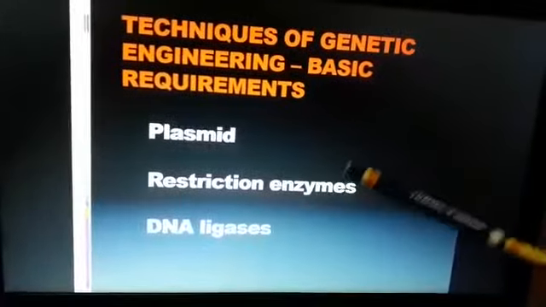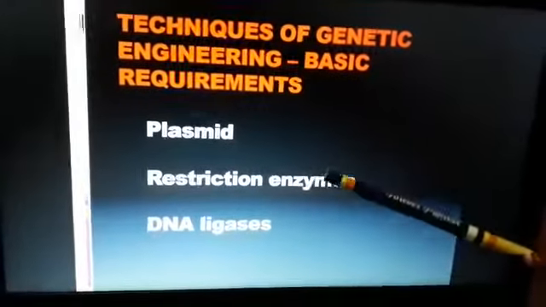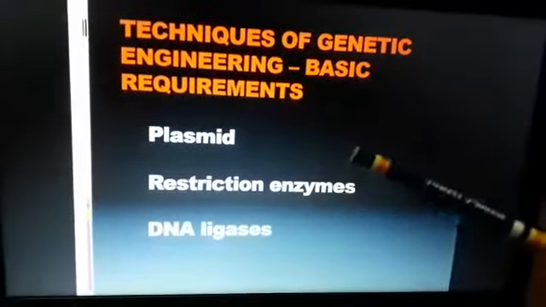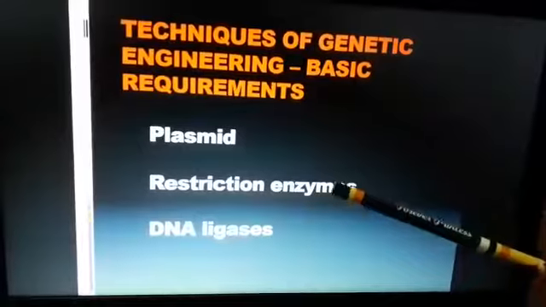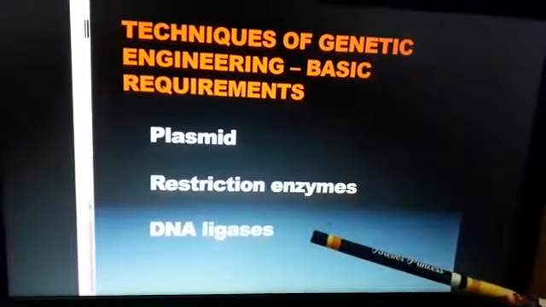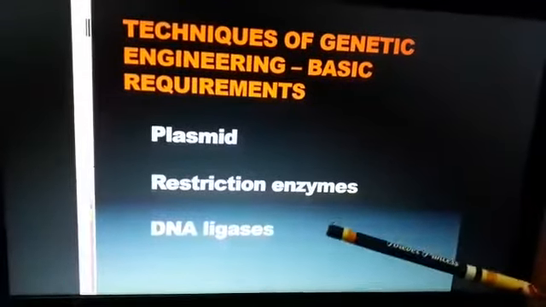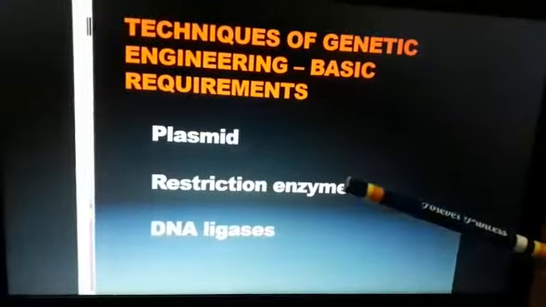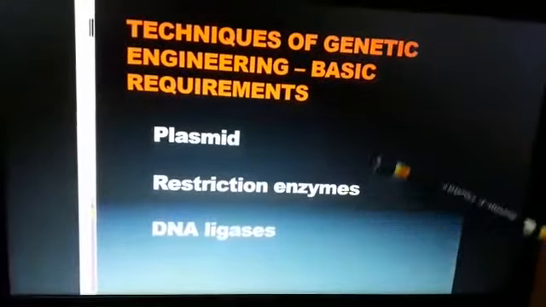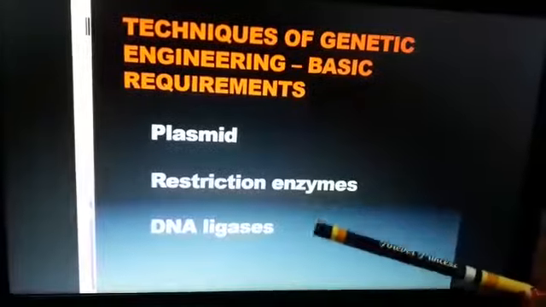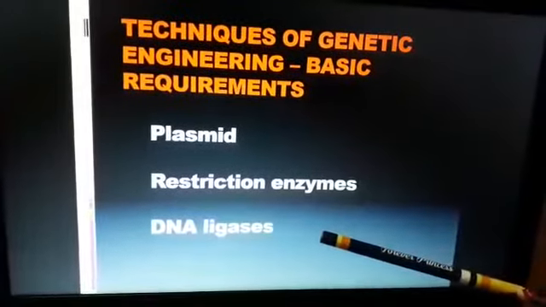Because of this cutting process, it is also called molecular scissors. Next, DNA ligases. It is also an enzyme. It is used to ligate or join the broken DNA fragments.